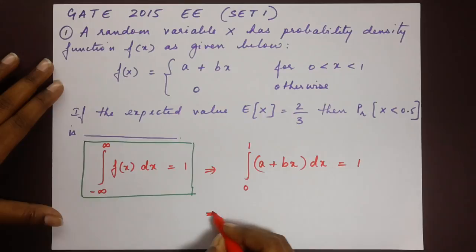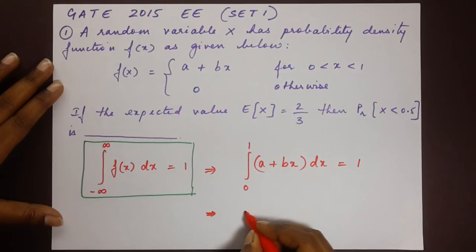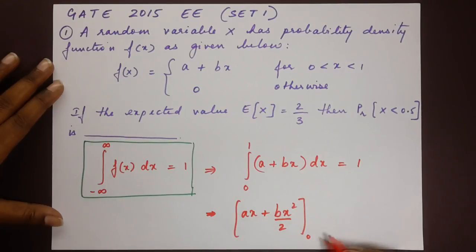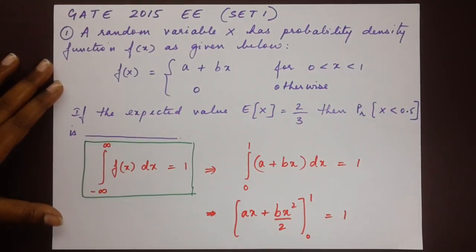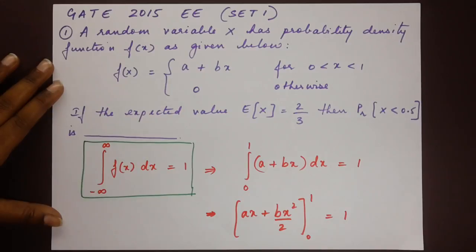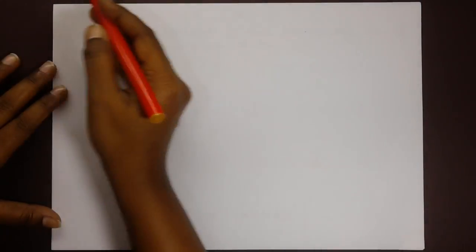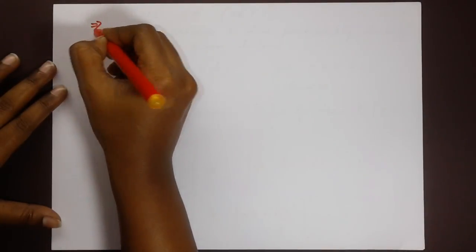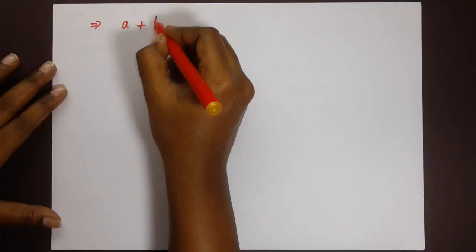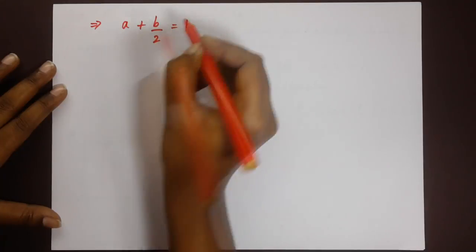Now let's integrate it. We get ax plus bx squared by 2 at the limits of 0 to 1 equals 1. Now when we substitute the values of 0 to 1, we obtain a plus b by 2 equals 1.